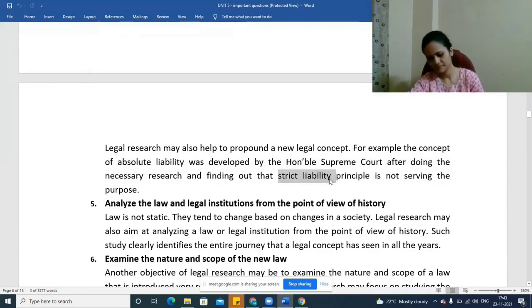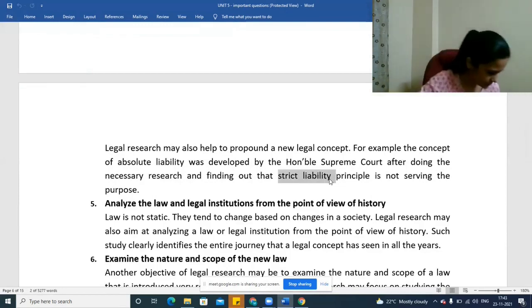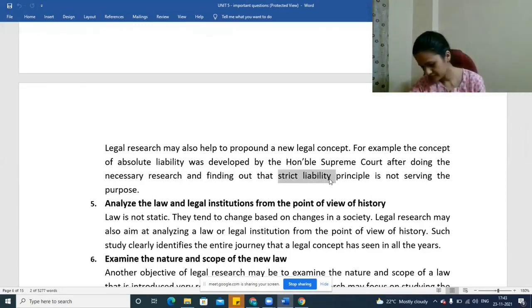Strict liability. I don't know the definition, but I know the meaning. Yeah, you can tell the meaning, I don't need the definition. Strict liability is like, in the case of compensation, people pay compensation for the damages in the case of fault or something.